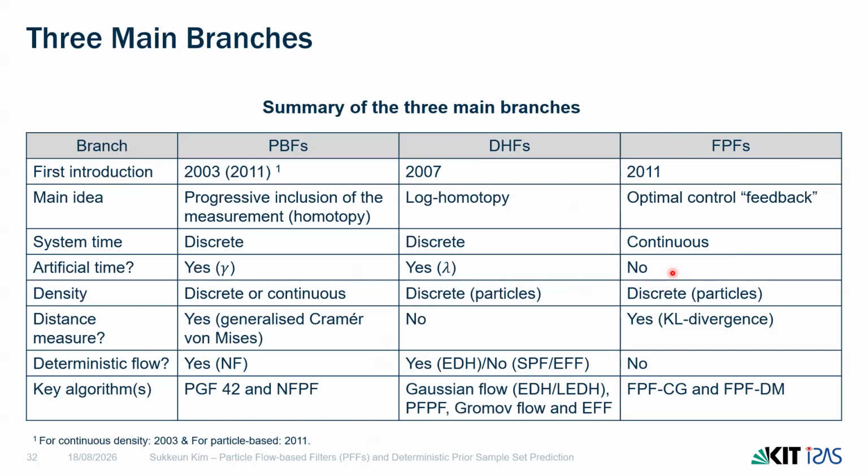Another interesting difference between the first two groups is that the progress Bayesian filters can actually use continuous densities as well, not limited to the sample-based one. For Daum and Huang's filter, the flow itself is not really limited to the discrete, but most of the implementations are only shown with the discretized, sample-based approaches.